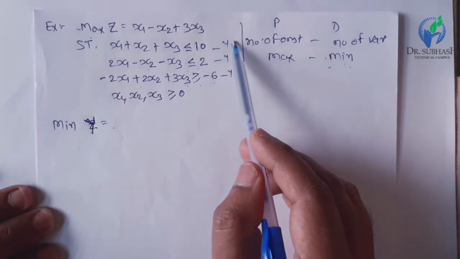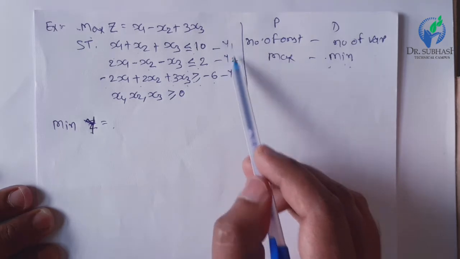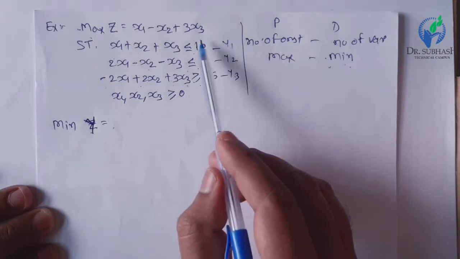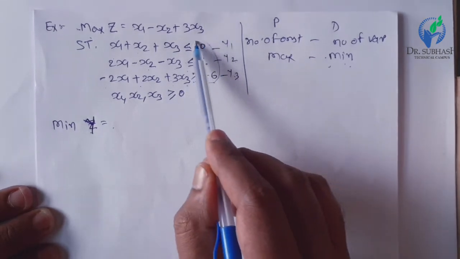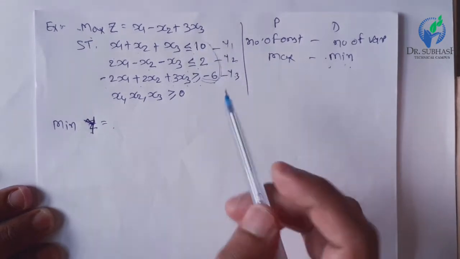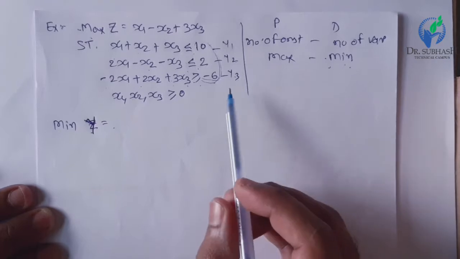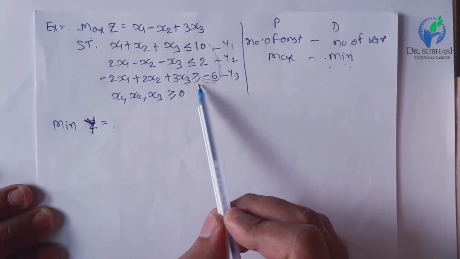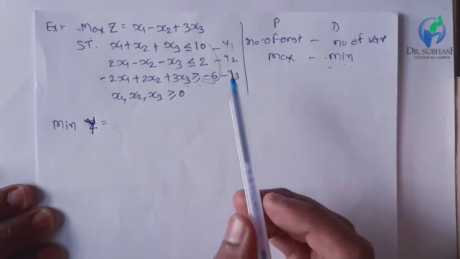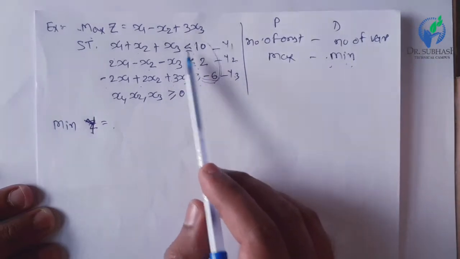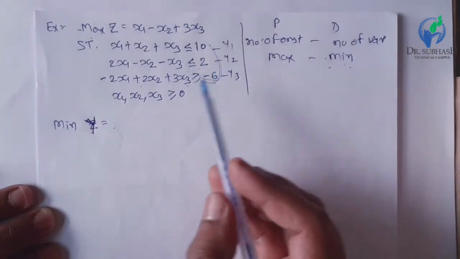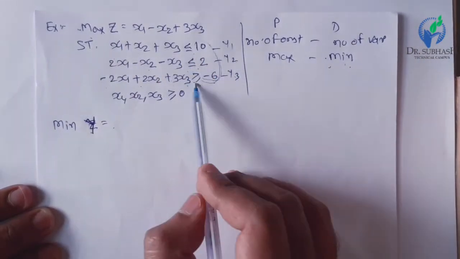Now what is the coefficient of these variables in the objective function? The coefficient will be the right hand side of the constraint, or the limiting value of the constraint. But here one thing we have to keep in mind: the desirable sign for the maximization problem is less than or equal to type.